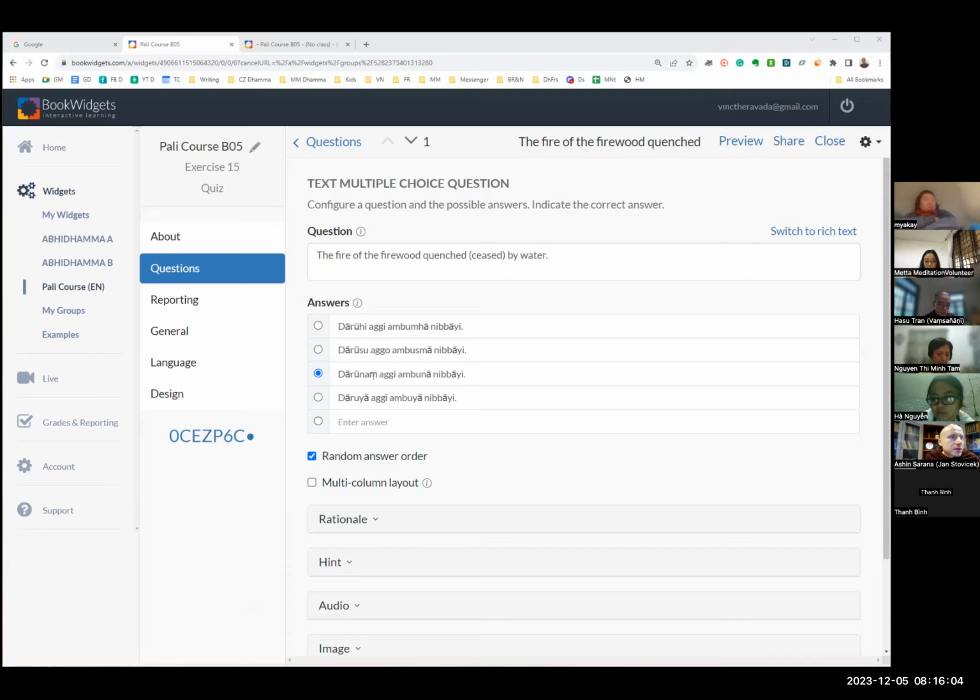Can you see my screenshot? Oh, I see here actually two screenshots. Let me see what will happen. Okay, something's happening. No, this is not the way to go.